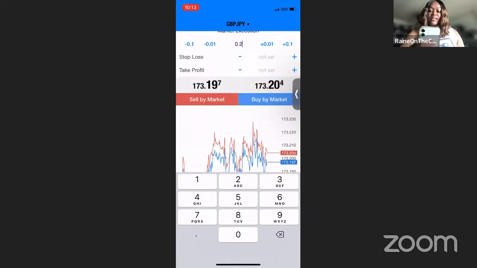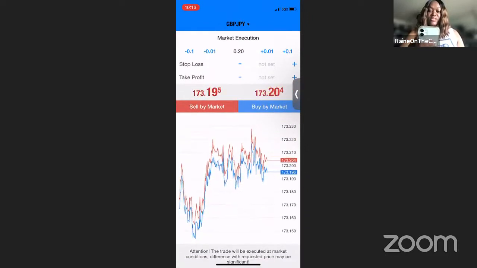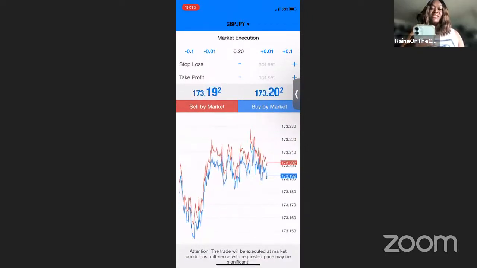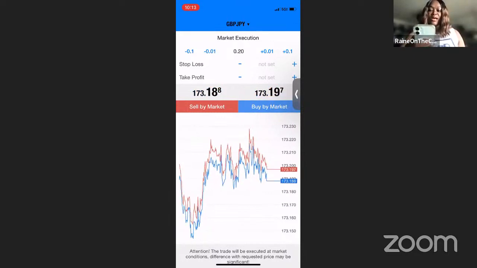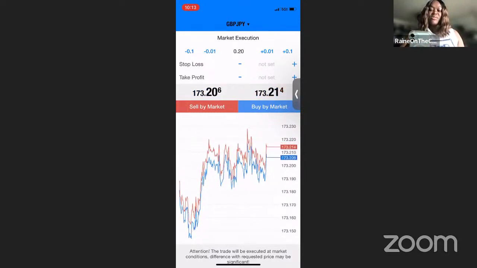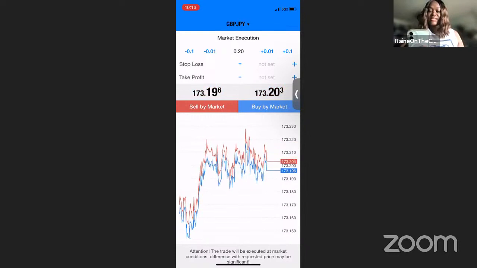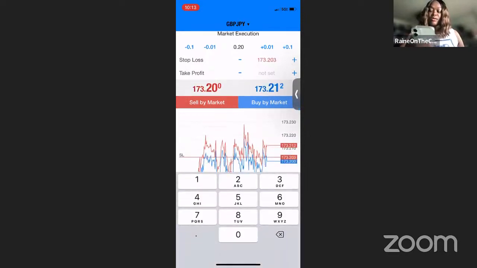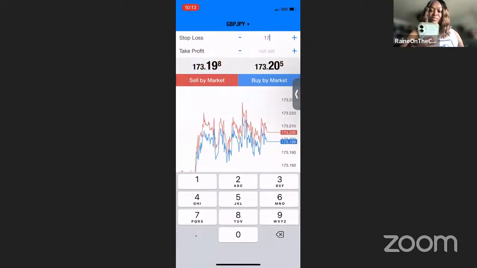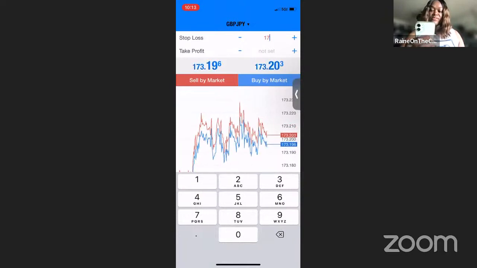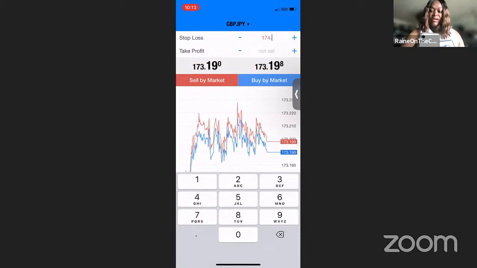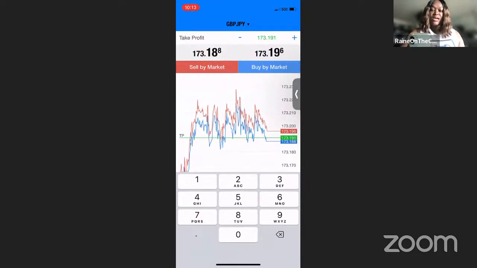So let's say I was in fact going to sell. That means I'm looking for price to go down. My stop loss needs to be above the price that it's at. Let's say I change my stop loss to 174. Then take profit.